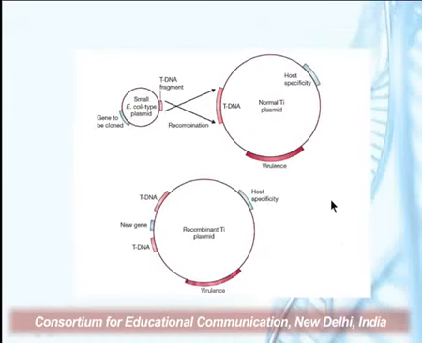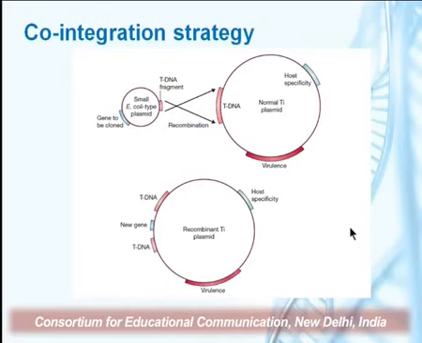Another strategy is called the co-integration strategy. When you want to introduce your gene of interest into the Ti plasmid, one of the problems was that it does not contain unique restriction enzyme sites.